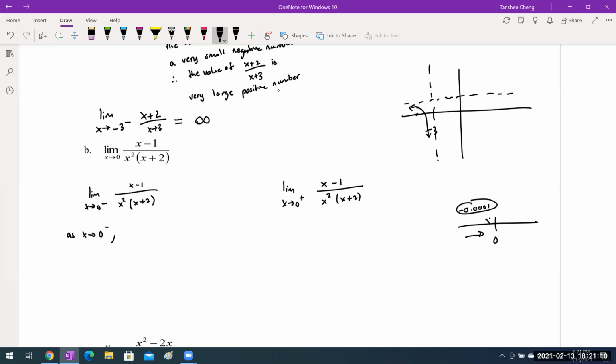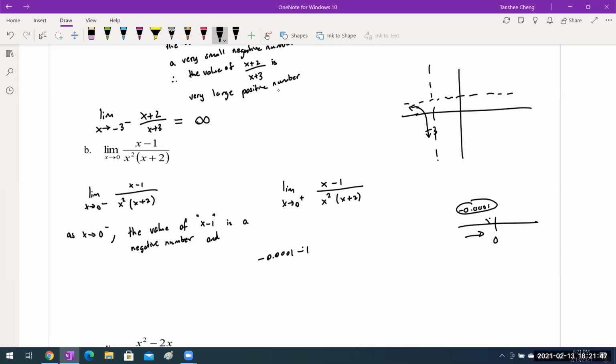Let's start with the value of the numerator, x minus 1. Negative 0.0001 minus 1 is a negative number, right? It's a negative number with absolute value greater than 1. So the value of x minus 1 is a negative number.